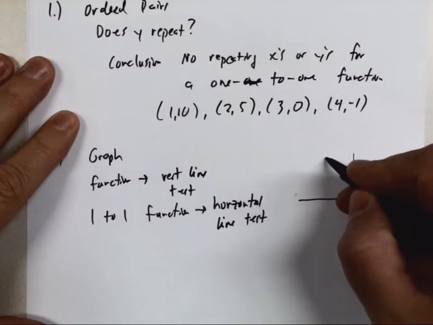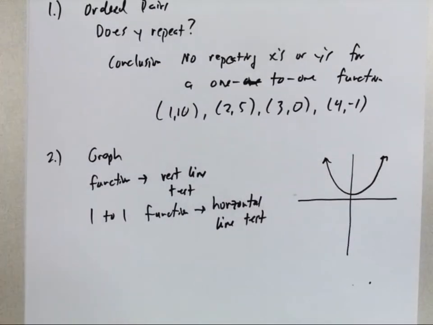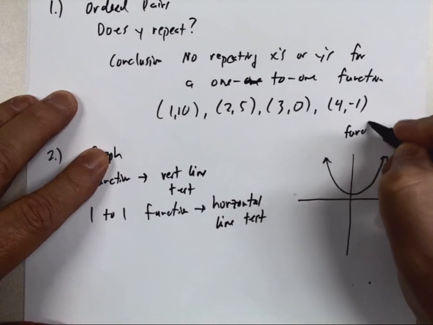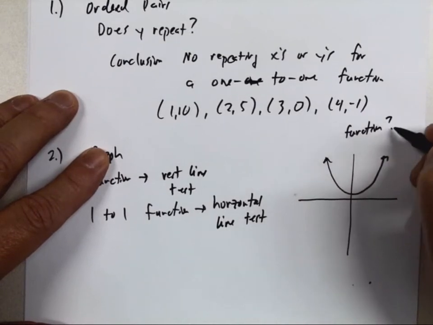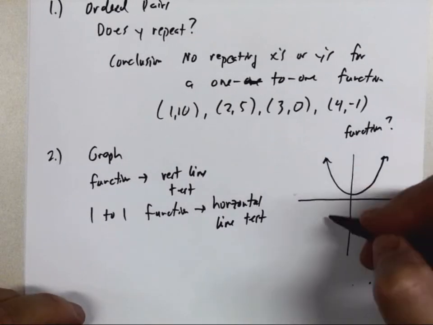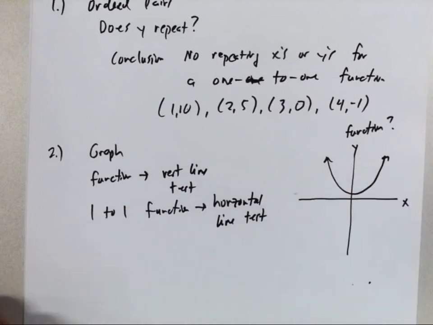Let's just look at some examples. Say we have a normal upward parabola. Is this a function? What do you think? How do we check for a function? Vertical line test. Are there any vertical lines that would cross this graph twice?